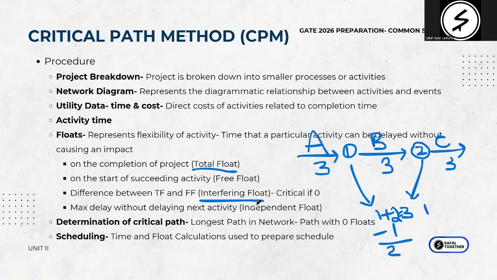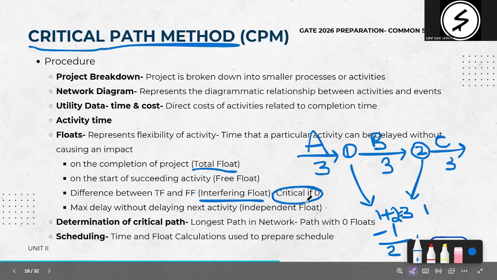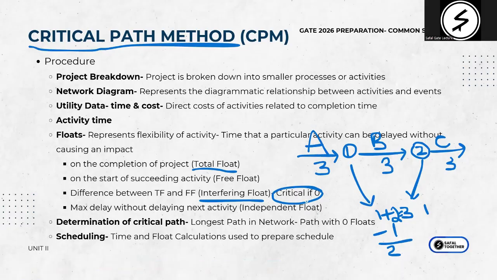Okay, this is how, in the very basics, you can calculate it. And an activity is critical if its float is 0. In the critical path method, we are finding the critical activities that are required for completing the project. And how do you know a task is critical? Your float has to be 0. Basically, if you extend the time of that particular activity a little, then your entire project gets shifted.